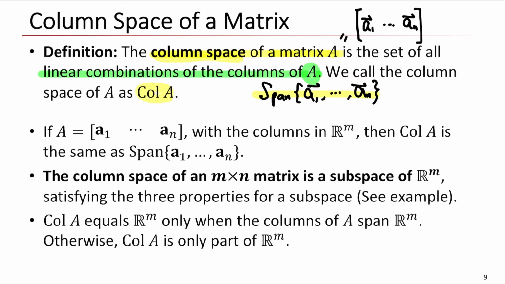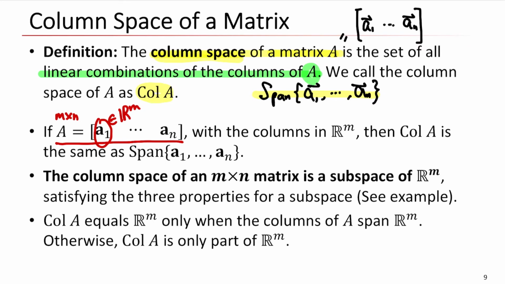Here's the definition. If the matrix A is something like that, and let's say the size of the matrix A is m by n, then the size of each column vector is what? Rm, right?